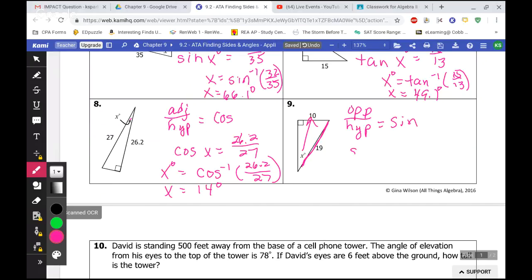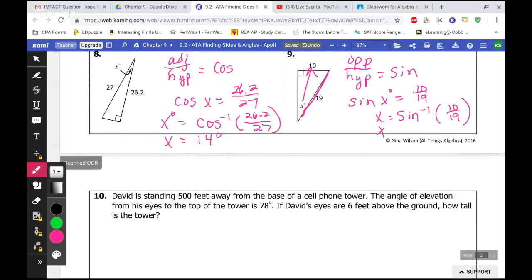So sine x equals 10 over 19. So x equals inverse sine 10 over 19. 31.8. Good job.